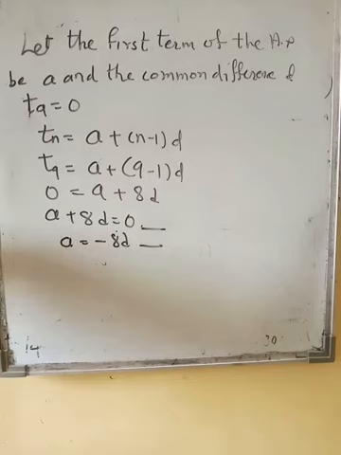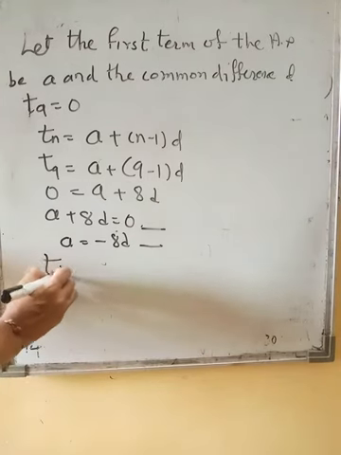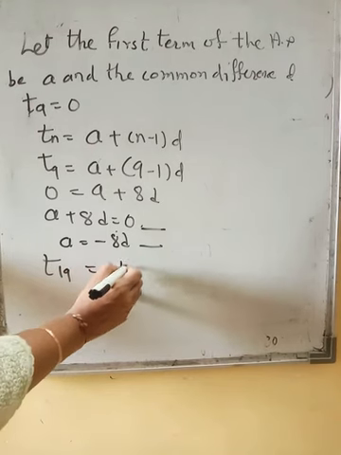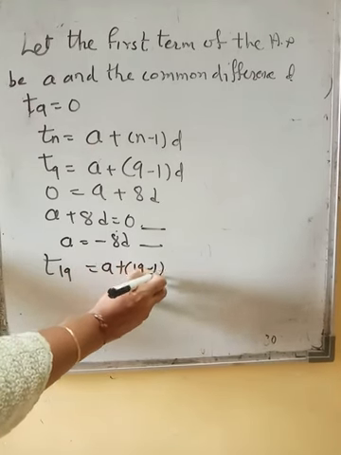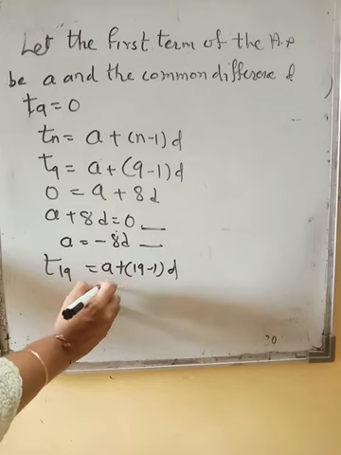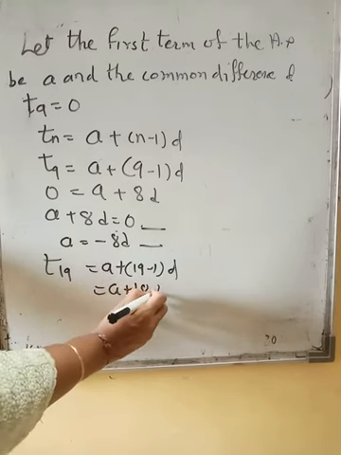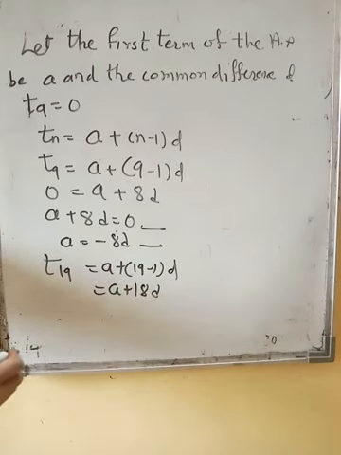Show that the T29 term is twice the 19th term. So let me do the 19th term. T19 is equal to A plus (19 minus 1) into D. So that is A plus 18D. Correct?